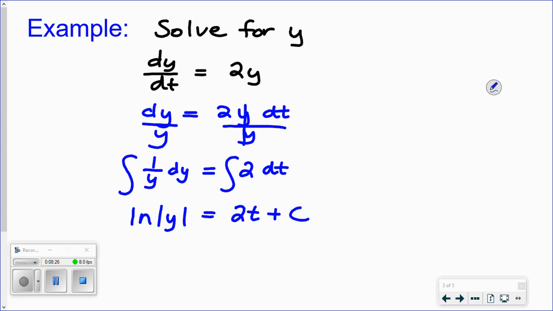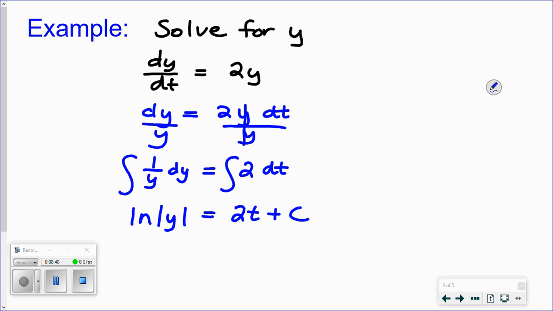All right, then we have to solve for y. Now, it's not unusual with differential equations when you're solving them to end up with natural log. So to solve for y, we would want to convert this to exponential form.